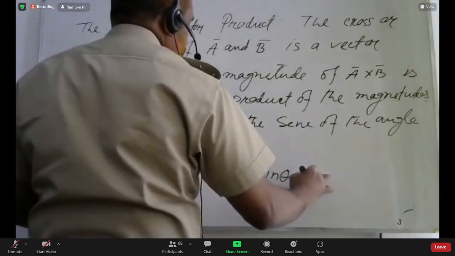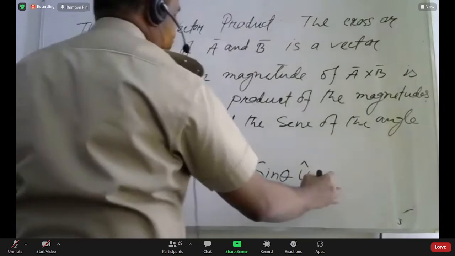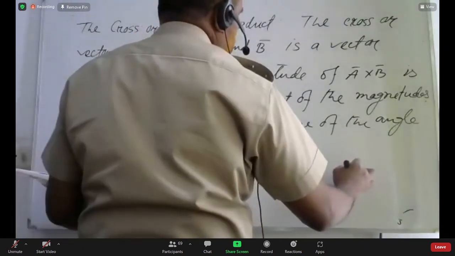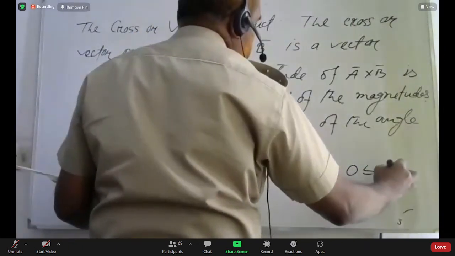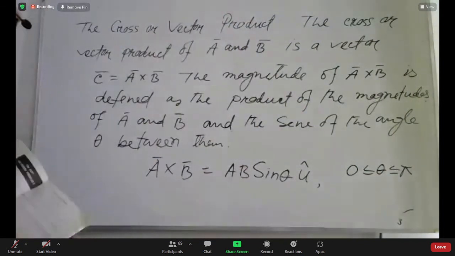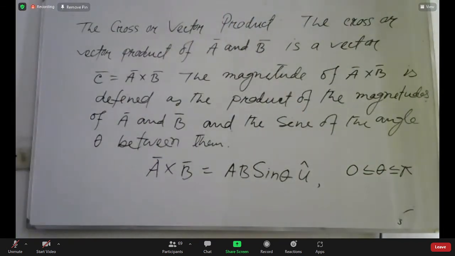U is the unit vector. Why is it like this? U is the unit vector in the direction perpendicular to the plane where the vectors A and B lie. Clear? Understood?